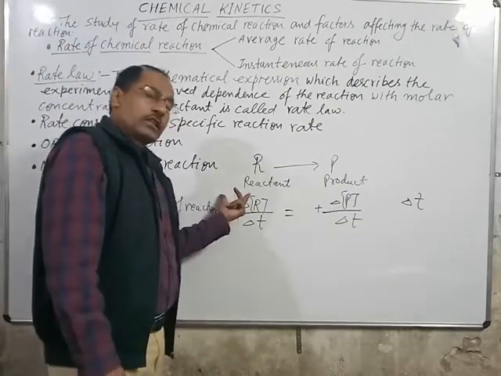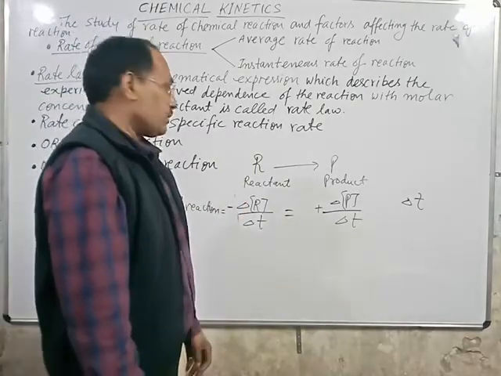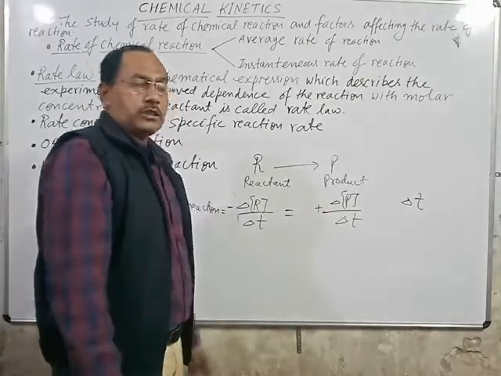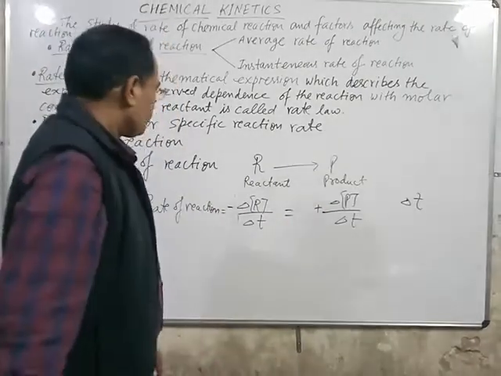So decrease in concentration of the reactant per unit time is called rate of reaction or increase in concentration of the product per unit time is called rate of reaction.